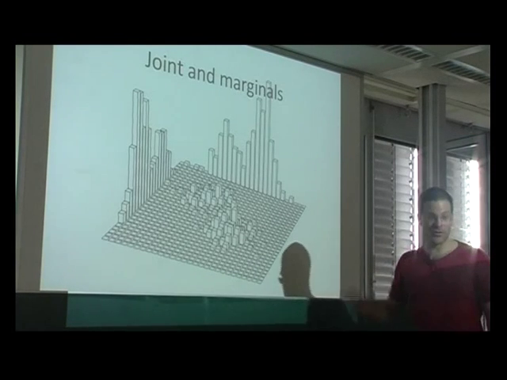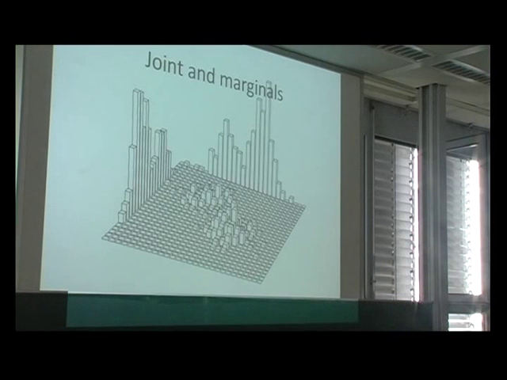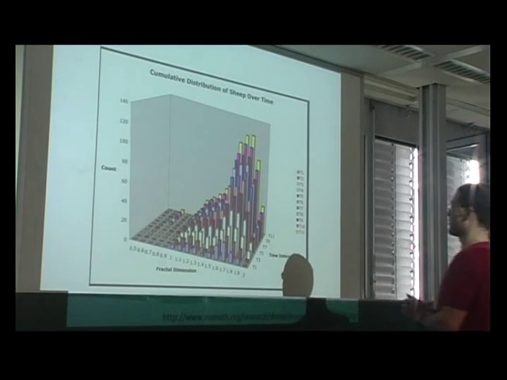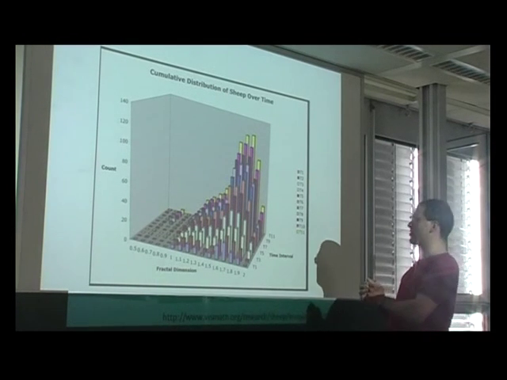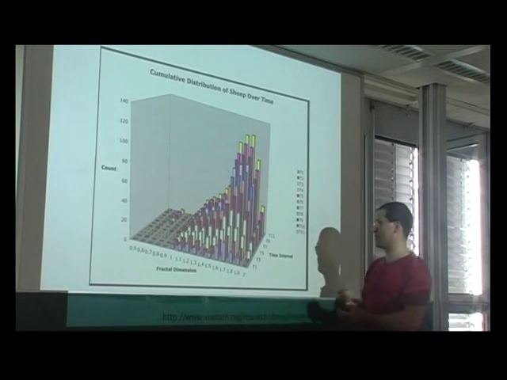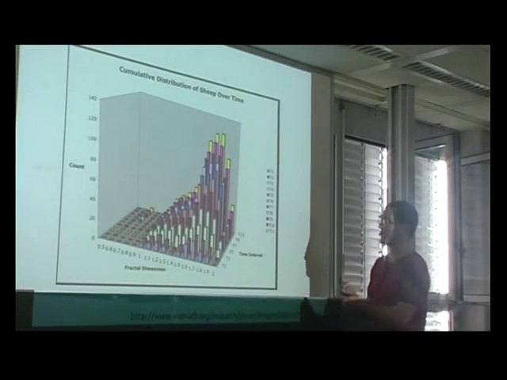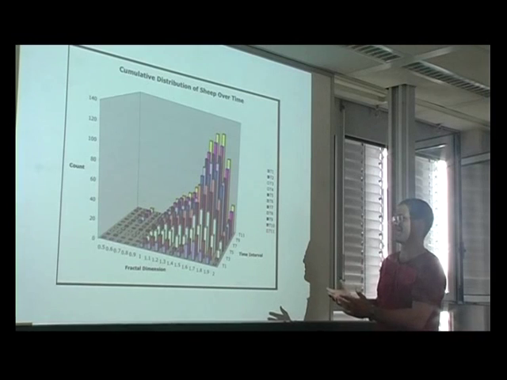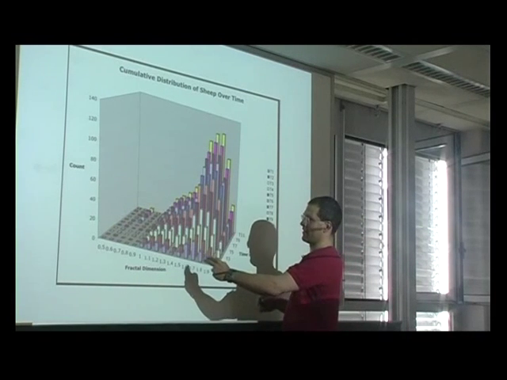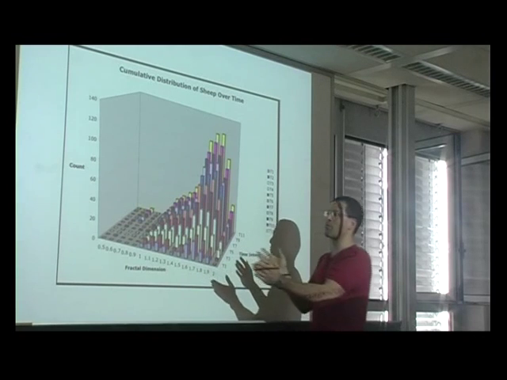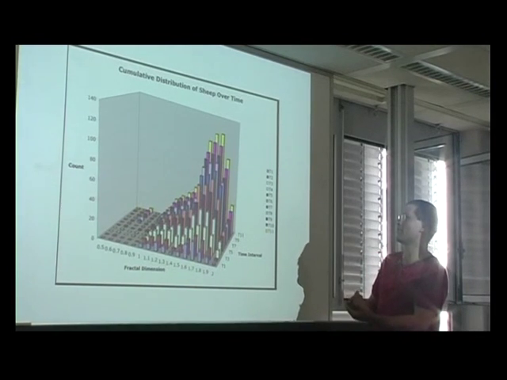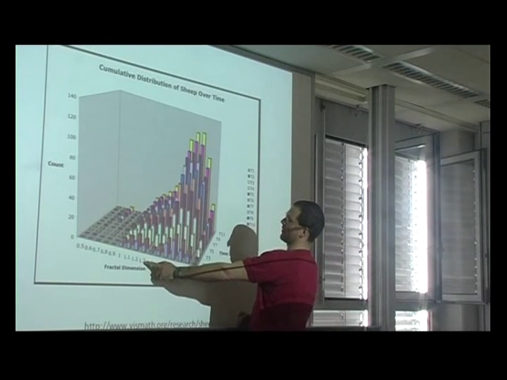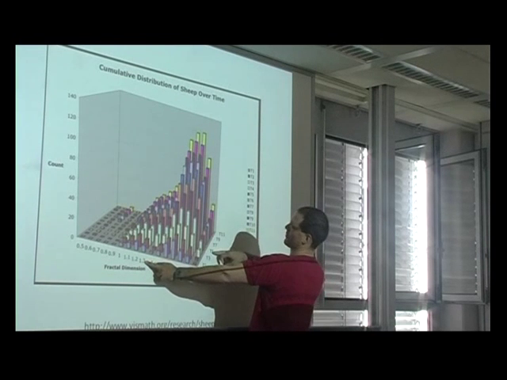So before I drew this picture myself, I was looking for a picture on the web, and I found one where people plot the cumulative distribution of sheep as a function of fractal dimension and time interval. I have no idea why, but it makes the point of allowing to represent here in a joint form, and this is why it's called the joint distribution, the probability of having, for instance, a fractal dimension of 1.3 at time interval t5.